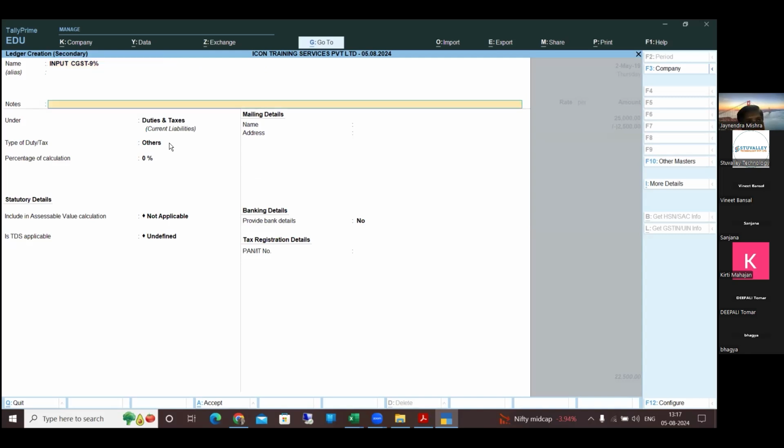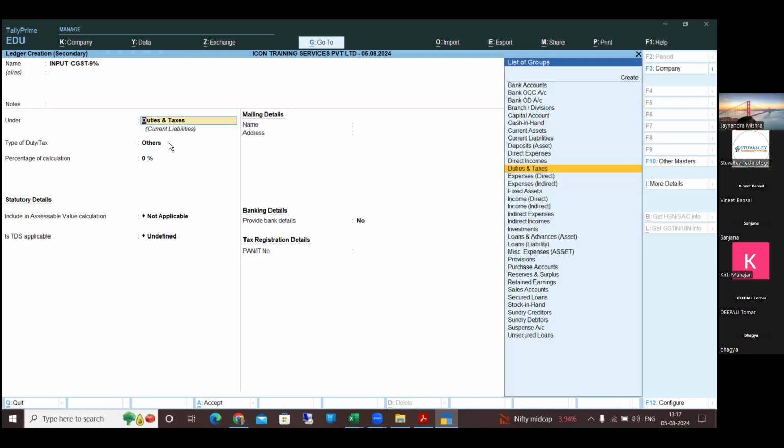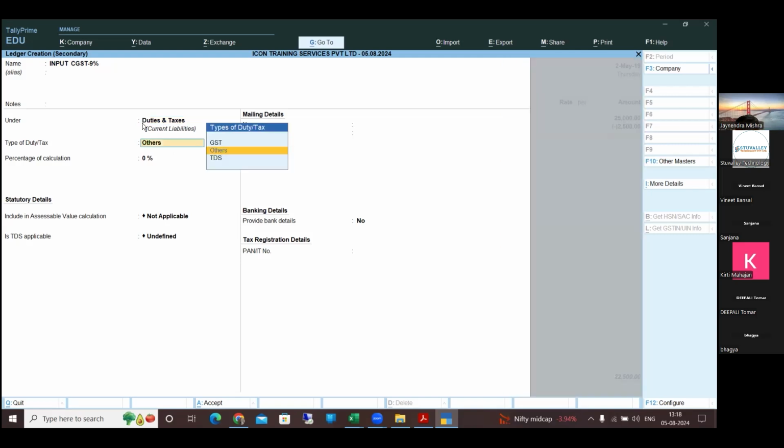Again, friends, as I told you, all the tax related ledgers, income tax, TDS, profession tax, GST, we have to always make the grouping duties and taxes.